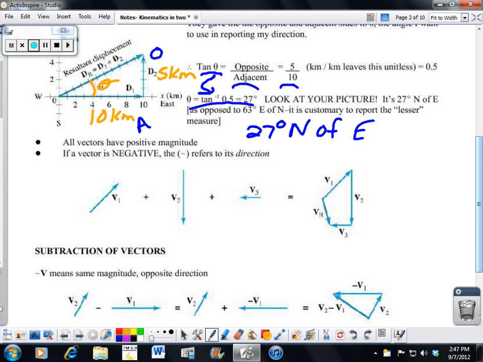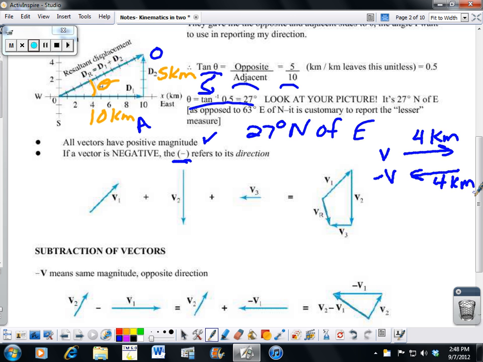Now, since the magnitude of a vector is always positive, what a sign is really telling you, a negative, is telling you to go the exact opposite way. So if I tell you that v is 4 kilometers this way, then negative v would be 4 kilometers in the exact opposite direction.